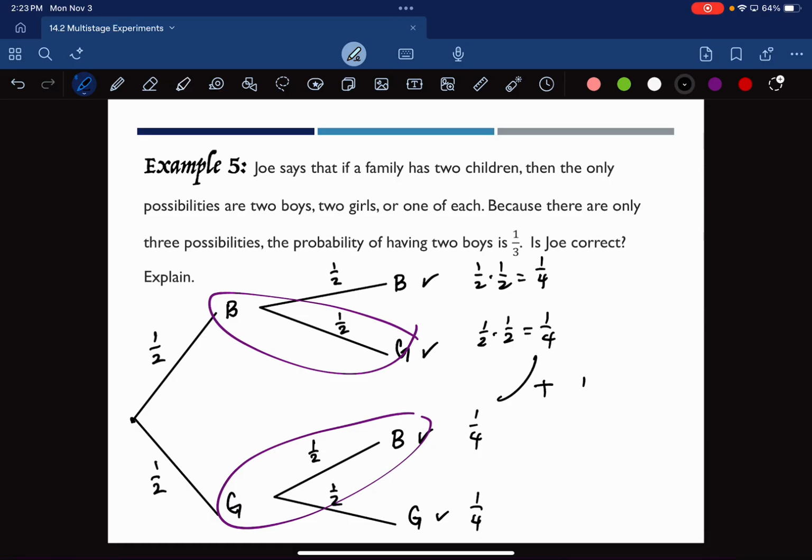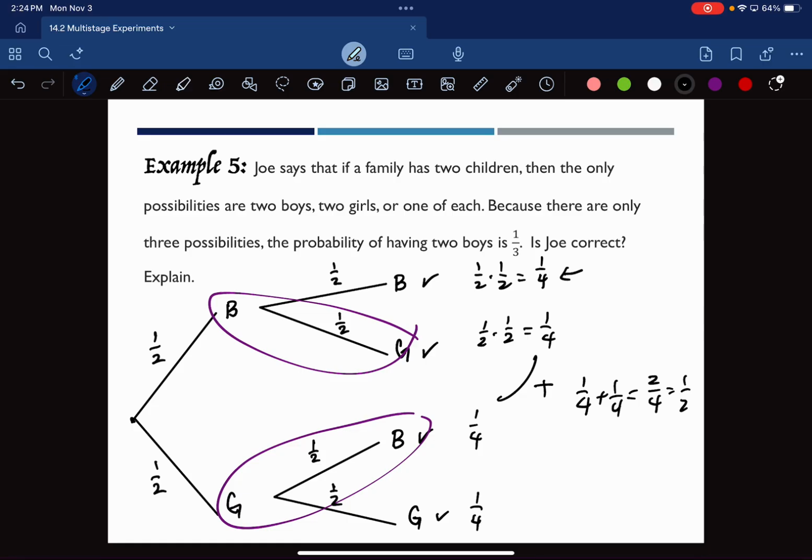If I added 1/4 plus 1/4, I get 2/4 or 1/2. The probability of having one boy and one girl, one of each, is actually 1/2. But his contention was that this one up here for the boy would be 1/3, and it's 1/4, because there's really 4 different ways of having the children because the order is part of what's happening here, right?